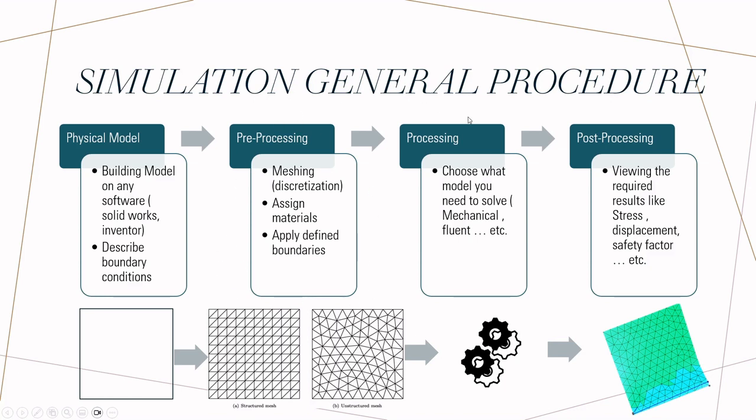After this, we go to processing, choosing the mathematical or mechanical model you want to solve, like mechanical, fluent, vibrational, or whatever. Last step, post-processing, showing the results from your simulation.